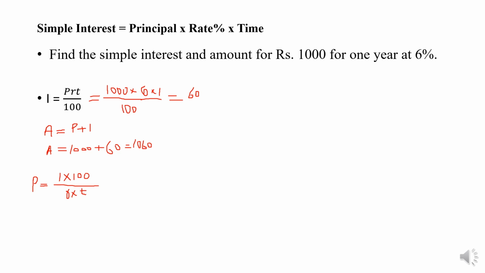So if we have an example like what sum would borrow... rupees 200 as interest at 5% in 2 years. In this example, the value of I, the interest, is 200 rupees.